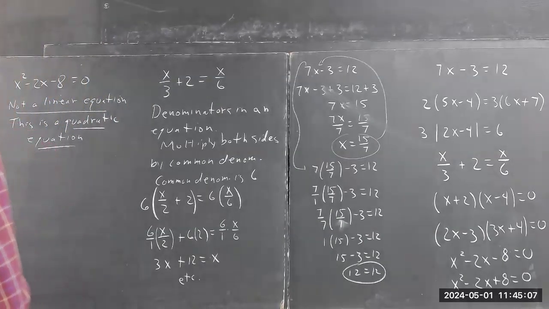Now, there are two ways to solve a quadratic equation. For most of the quadratic equations that live out there in the wild, you're going to have to use the quadratic formula.